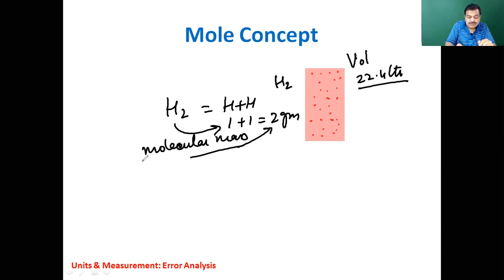What is the molecular mass of H2? That is 2 gram. So if you take H2 molecules and fill it inside this container, then the H2 molecules will come in the amount of 2 grams in this container. Got it? And their count is 6.023 into 10 to the power 23 numbers.